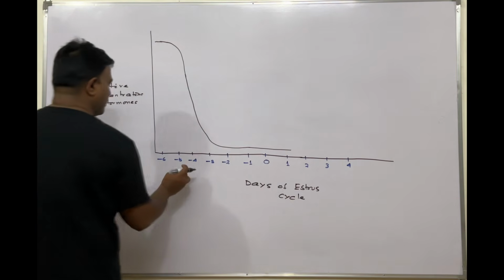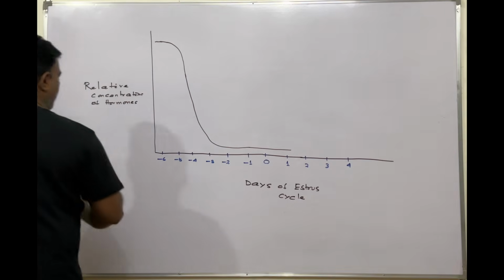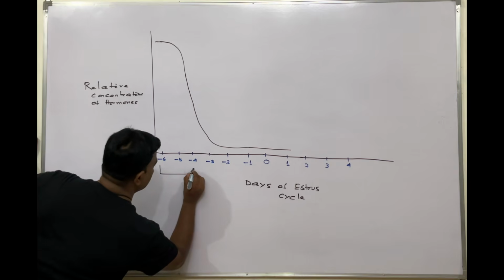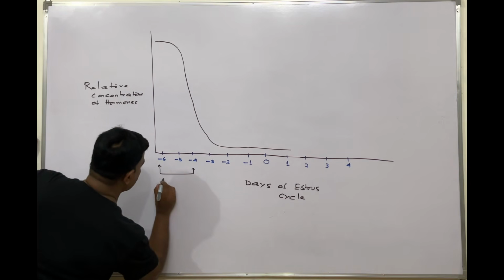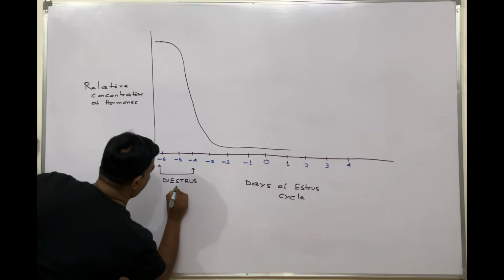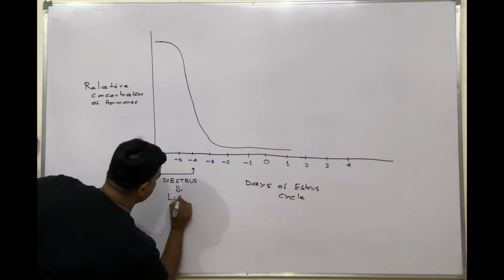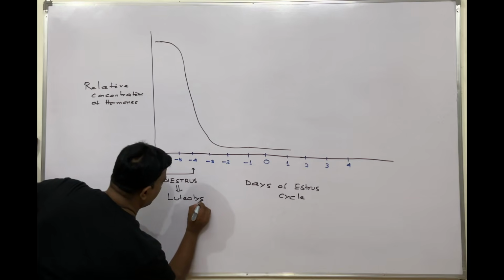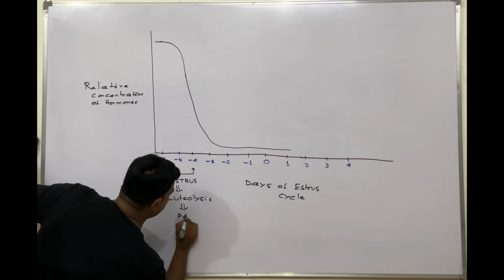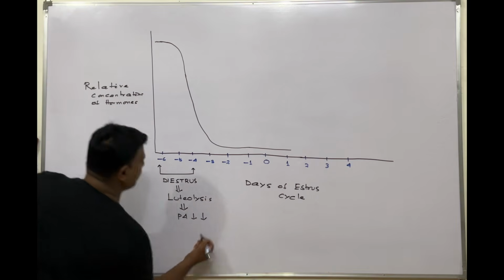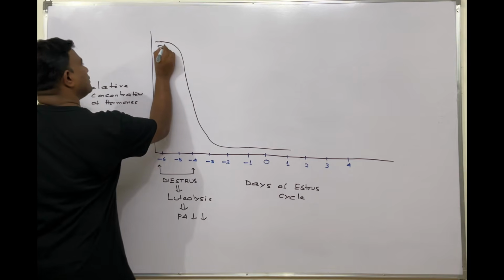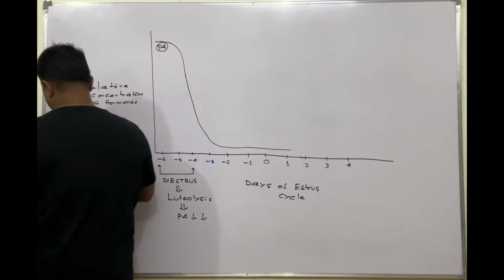What is this phase, -6 to -4? I can write here, this is the last part of diestrus, where luteolysis has occurred, and due to the luteolysis, the progesterone level is falling. So the black line I have drawn is progesterone.